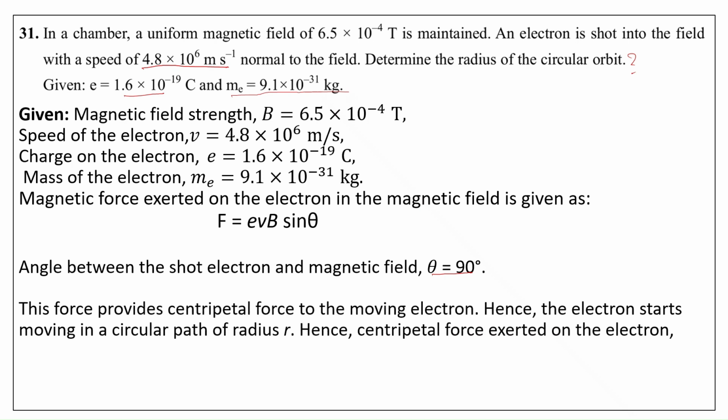So, this force provides centripetal force to the moving electron. Hence, the electron starts moving in a circular path of radius r. Hence, centripetal force exerted on the electron, Fc is equal to mv square by r.